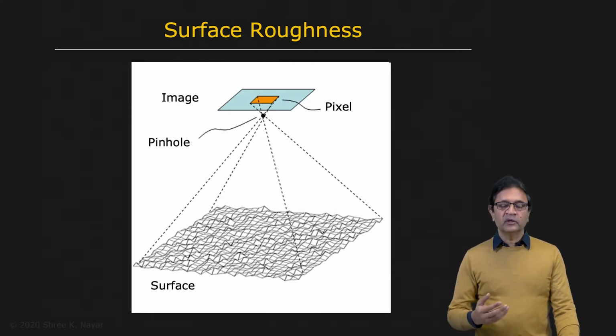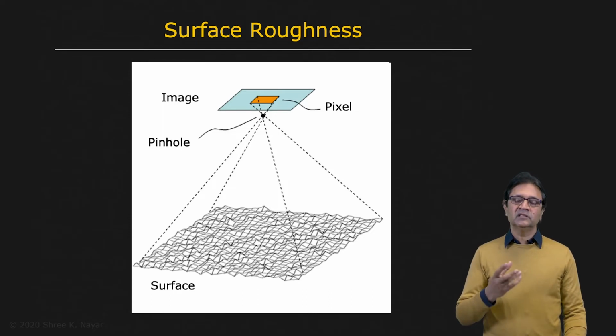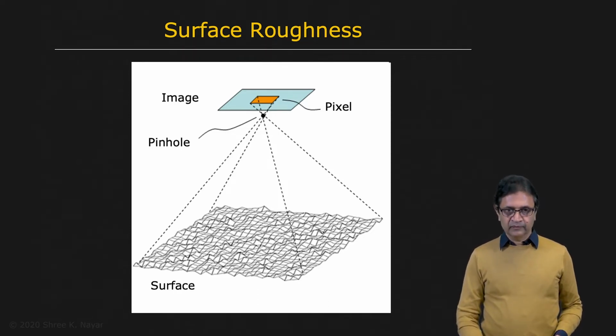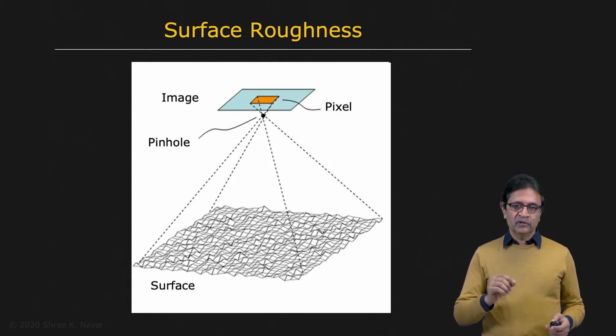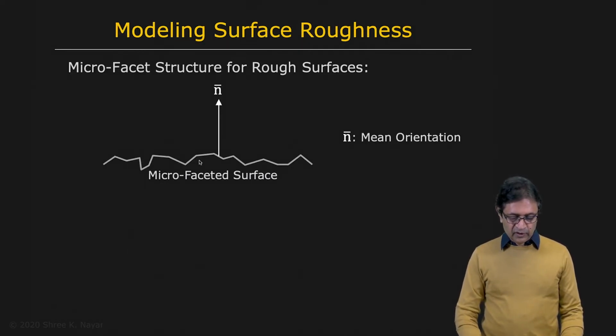So we want to come up with a way to model the roughness of a surface and then see how that ends up changing the reflectance model, be it for a Lambertian surface or material that is Lambertian or specular. So let's model surface roughness. One simple model is to use what's called a microfacet model for the rough surface.